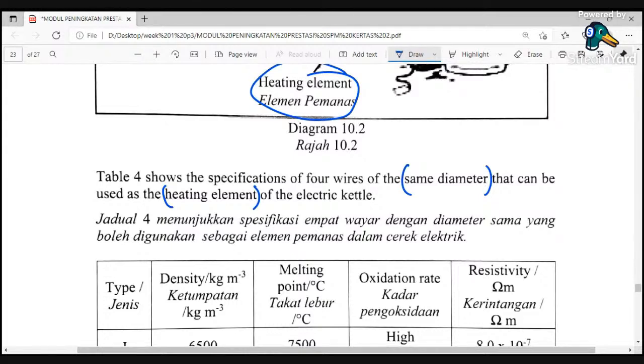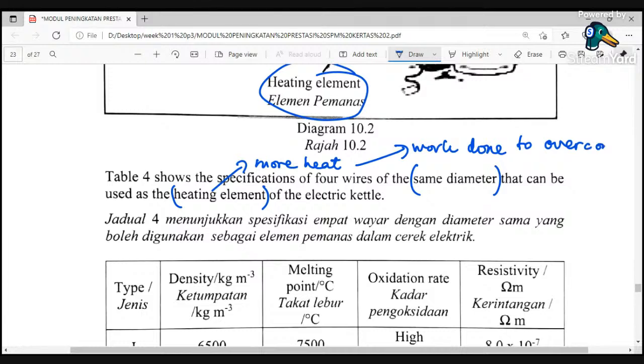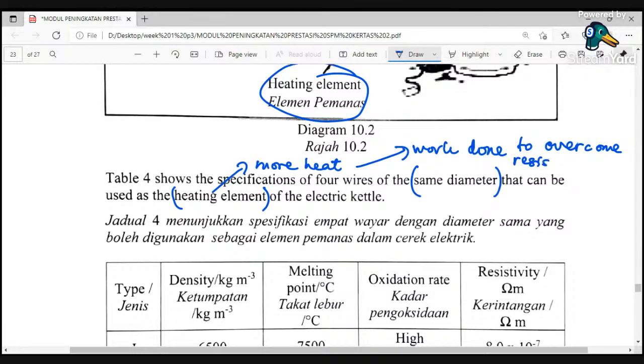A kettle requires heat to boil water, so the heating element must be able to produce more heat. How to produce more heat? By more work done, work done to overcome resistance. Thus, the higher the resistance of the heating element, the more heat is produced.